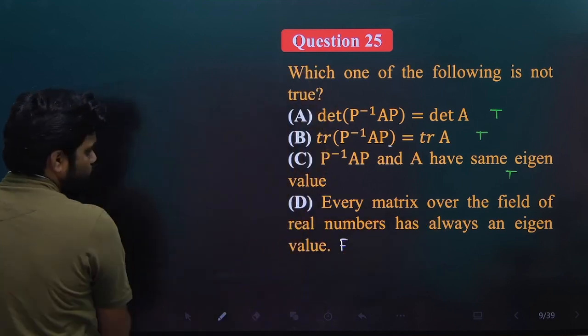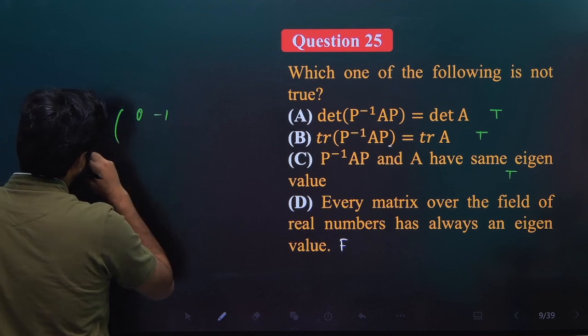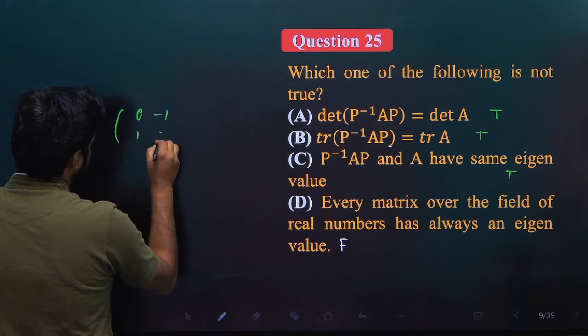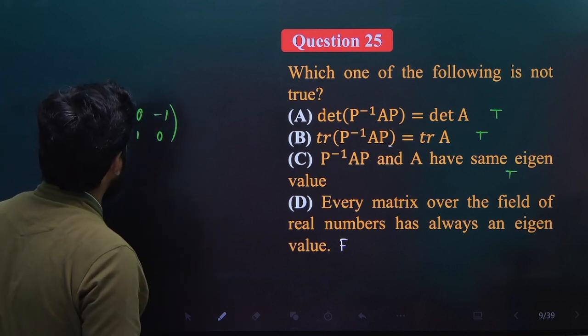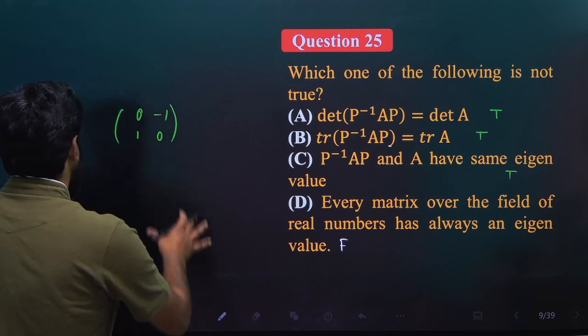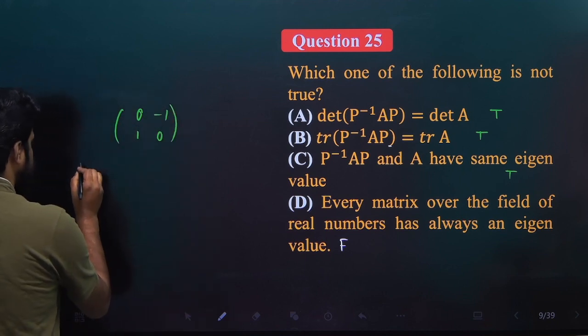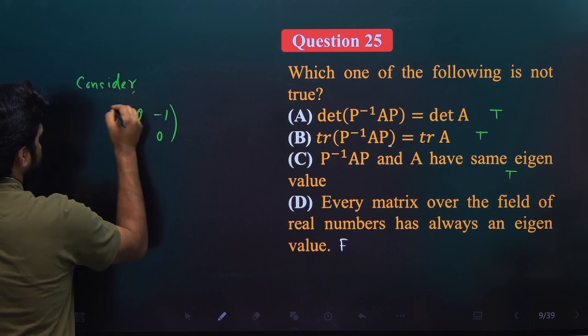If I consider the matrix like this, suppose we consider this matrix [0 -1; 1 0], right? So what is the characteristic equation? Suppose we consider this matrix.